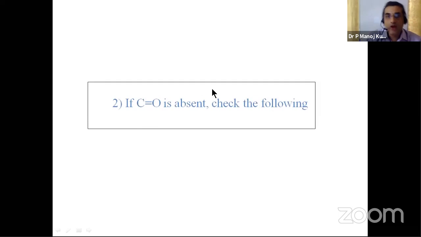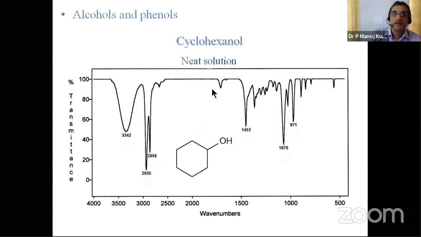So all what we have seen so far, we have discussed aromatic, we have discussed alkenic, then we have discussed the different functional groups which contain C double bond O. In case the C double bond O is absent, then you search for an alcohol. So if it is an alcohol, where will you get it? Again, you will get a broad OH, but now the OH will be shifted to higher wave number.